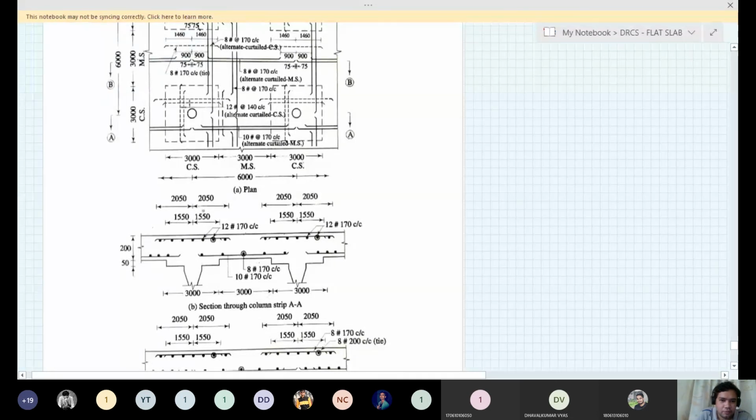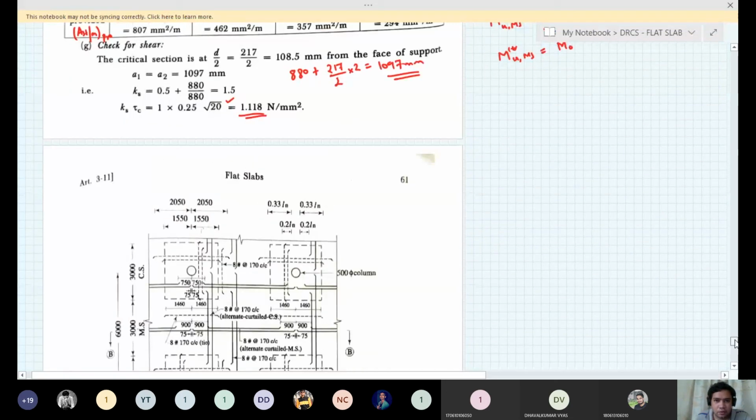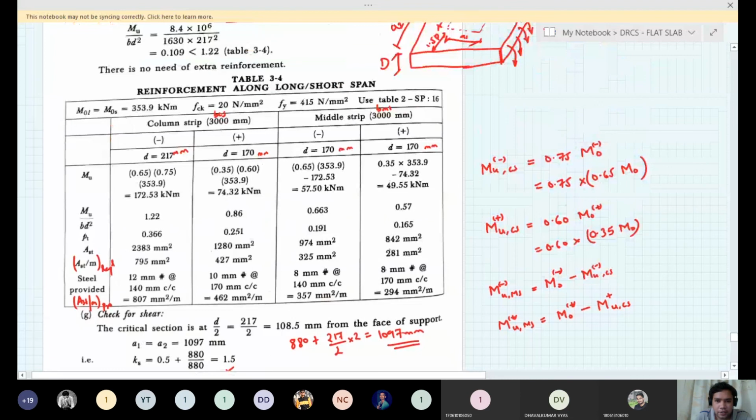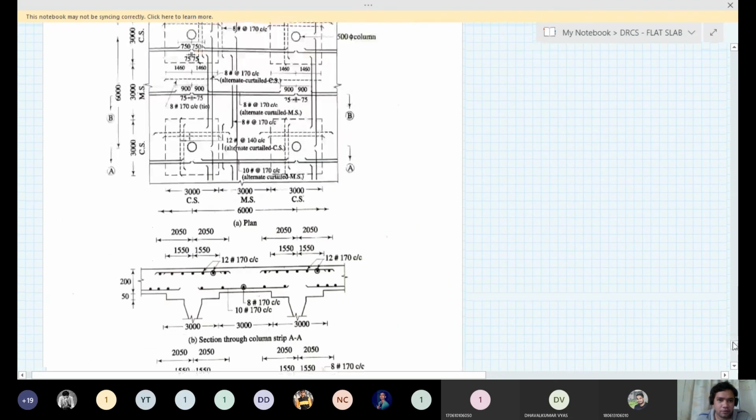So there is some mistake here. Let us check this value. This value has to be 8 dia 170 center to center.